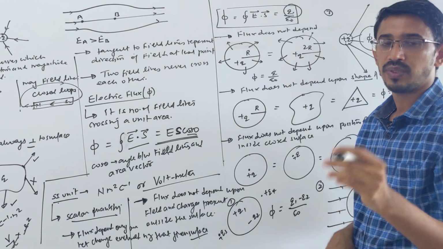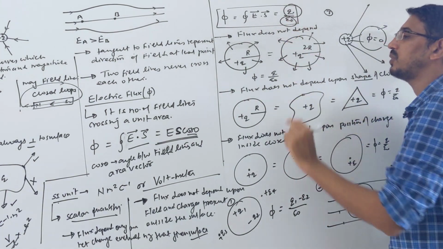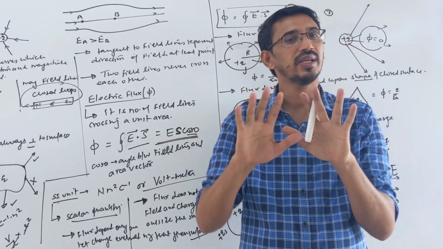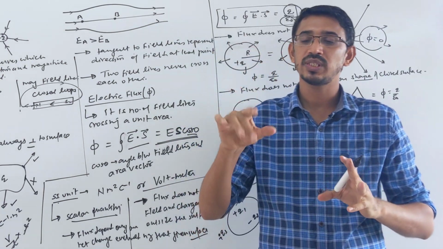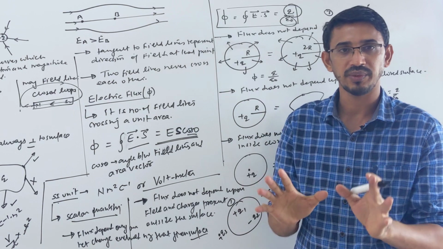But one more small thing where it can depend, look here. We are assuming that the closed surface we are talking about is in vacuum. Suppose the closed surface contains some material, suppose water or anything.